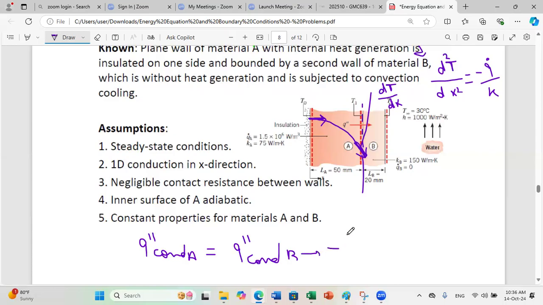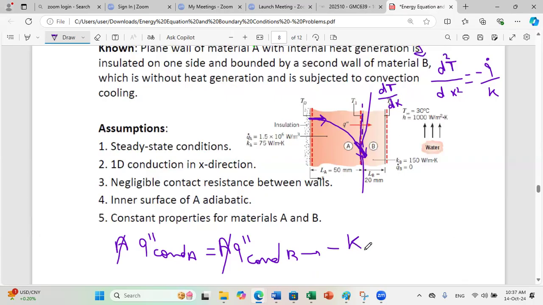So you have minus K, actually, which is the same as the rate, okay? But because the area is the same, and here you have A, and here you have A, the rate of conduction is the same. And since the area is the same for both walls, the area will cancel out. So the flux of conduction leaving A is equal to the flux of conduction entering B.